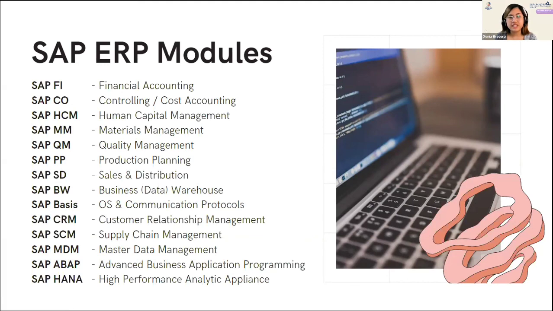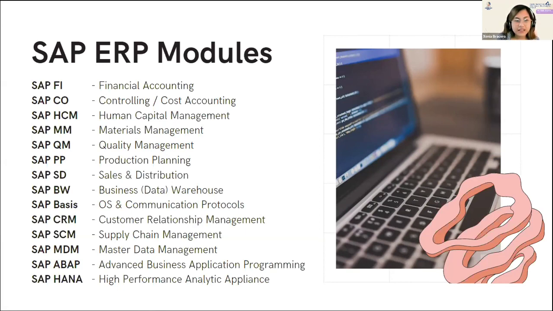One is financial accounting, then there is cost accounting, human capital management, materials management, quality management, production planning, sales and distribution or order to cash, business data warehouse, and OS and communication protocols or basis. CRM is customer relationship management, SCM is supply chain management, and MDM is master data management.